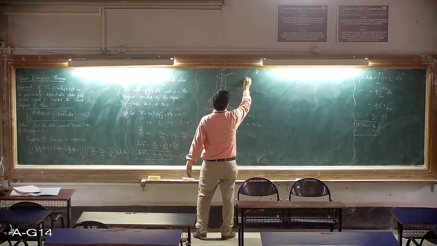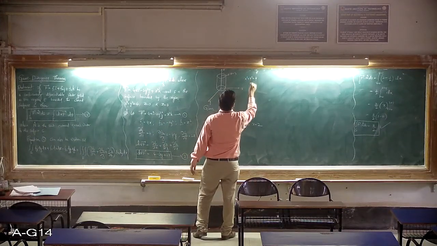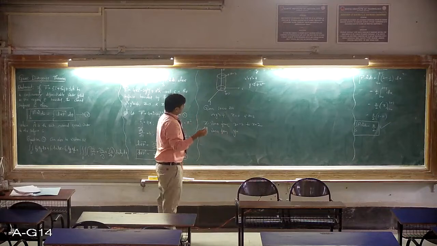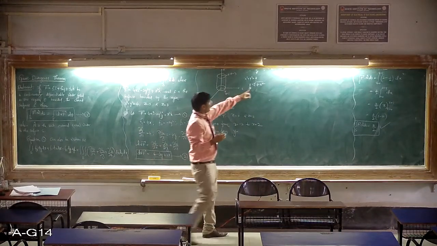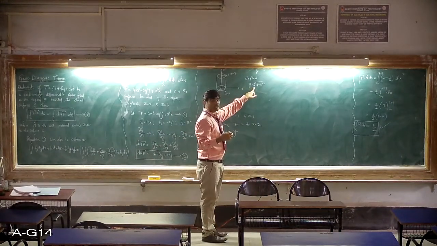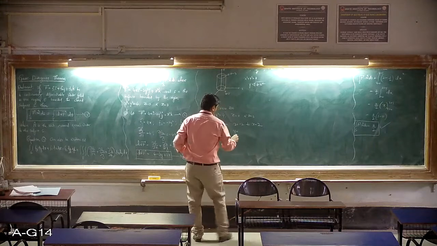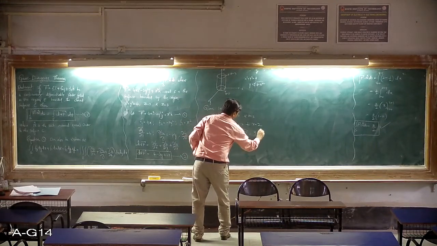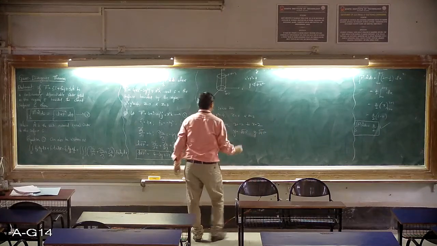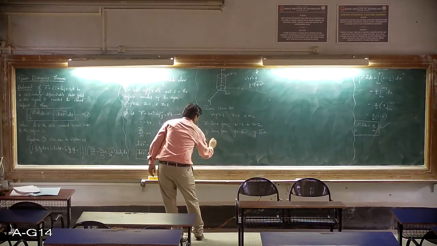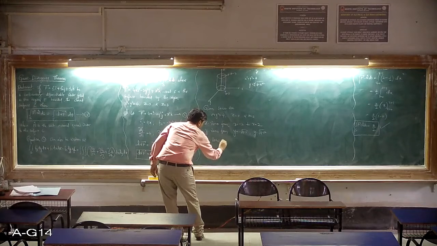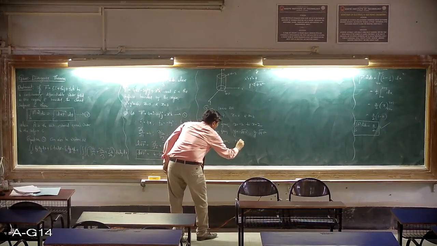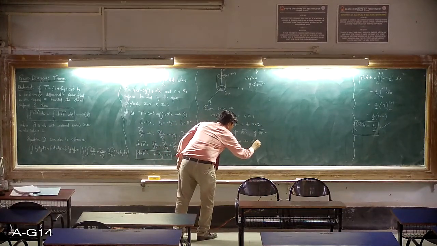Here x square plus y square equals 4, so y equals plus or minus square root of 4 minus x square. That means y runs from negative square root of 4 minus x square to positive square root of 4 minus x square. And z is already given: z varies from z equals 0 to z equals 3, right?